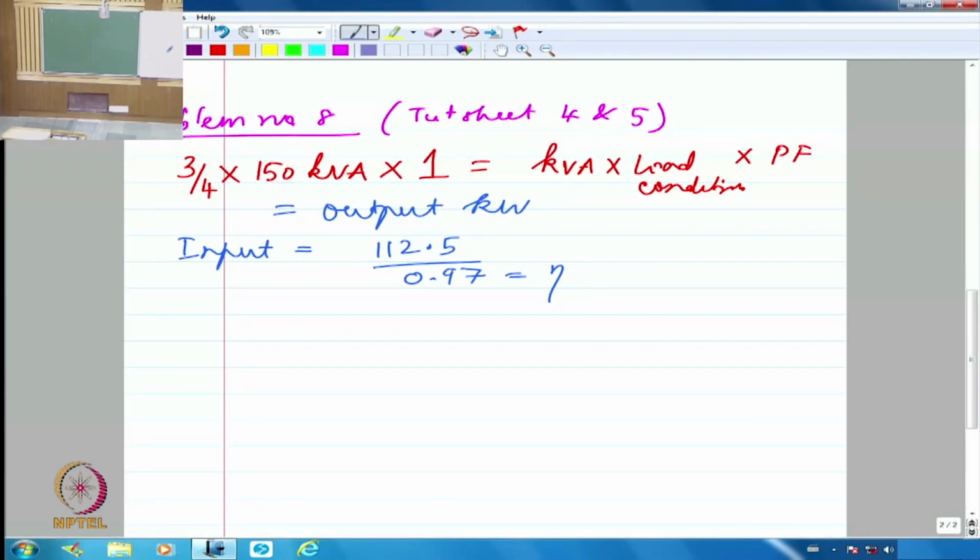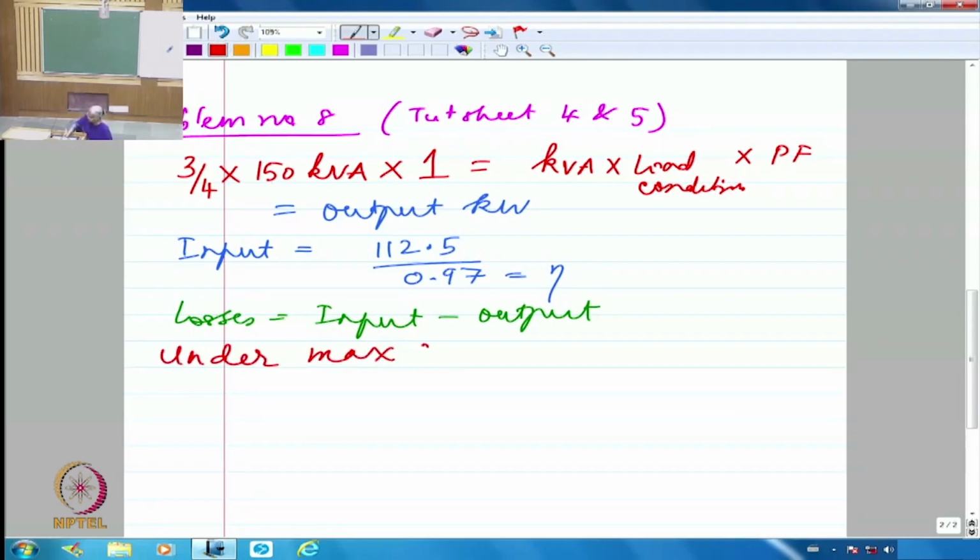Now once I get the input power and output power, I can say losses will be equal to input minus output. Right? So I should be able to calculate what are the losses. Now under maximum efficiency condition, P iron equal to P copper.